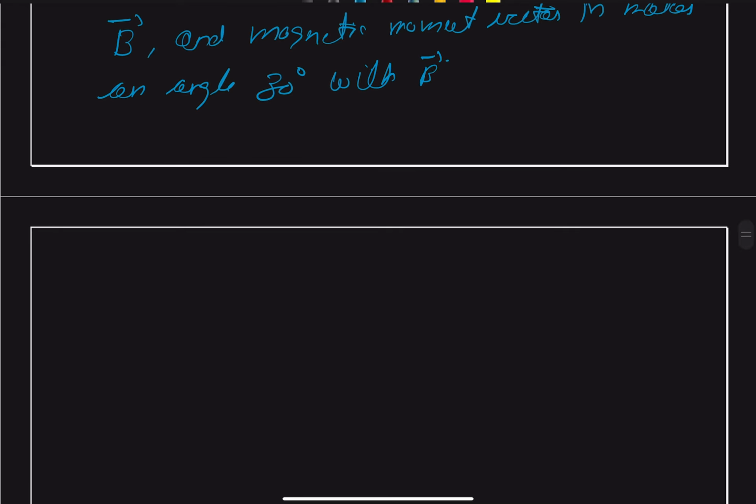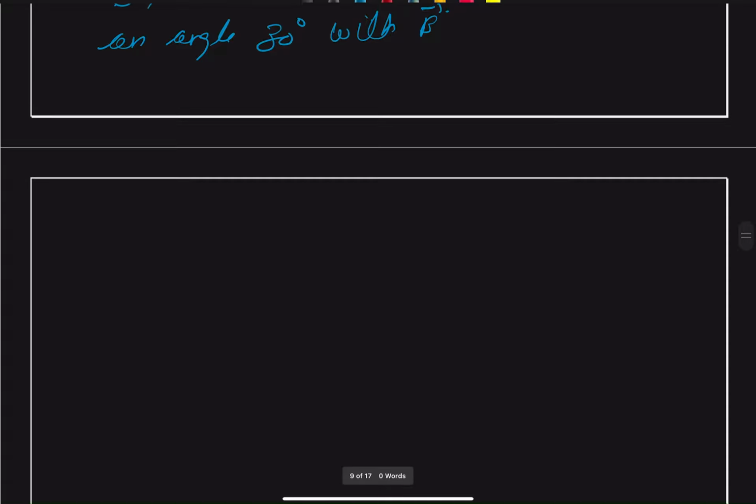So we can write the standard formula of the torque. We can say our torque, that is tau, is the cross product of magnetic moment and magnetic field, which can be written as M B sine of theta.